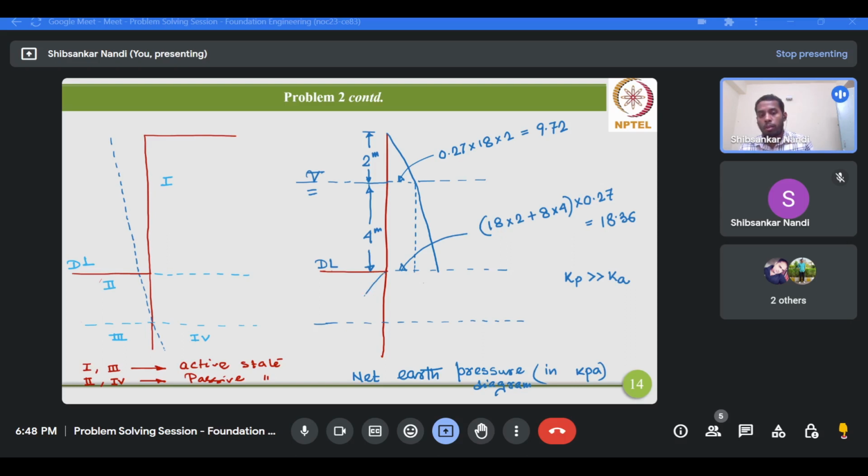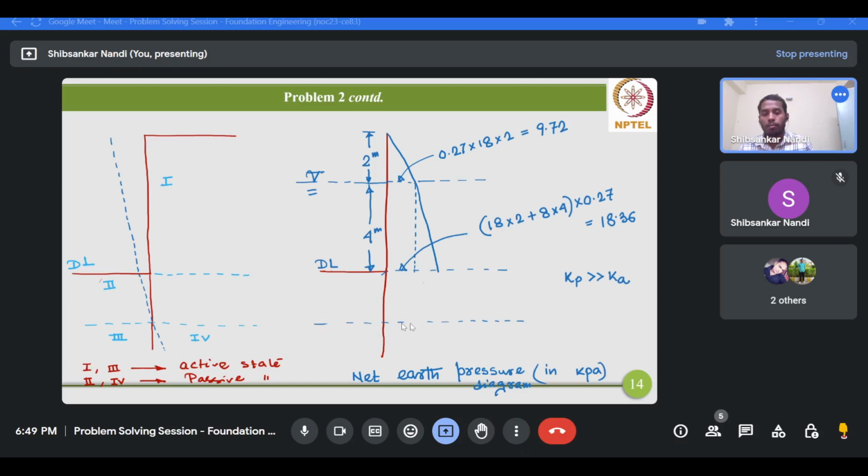So you will have the passive earth pressure diagram like this, and if you extend the active earth pressure diagram, it will look like this. This is not drawn to exact scale, so this value will be less as compared to this value. Therefore this diagram will shift to the left side of the wall.